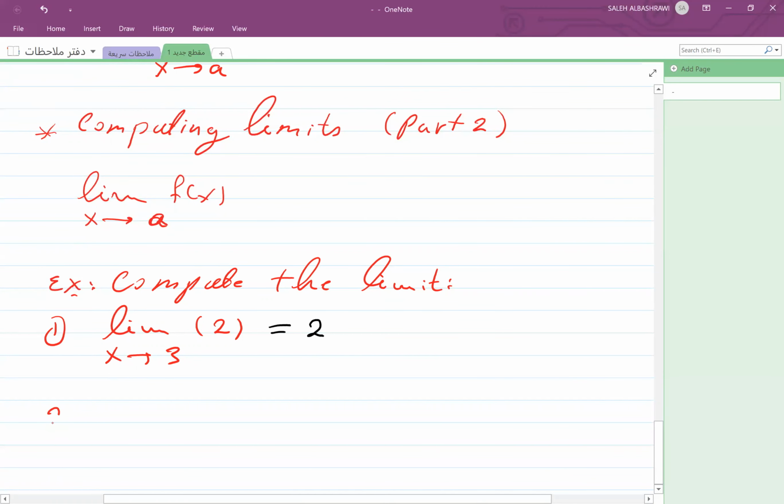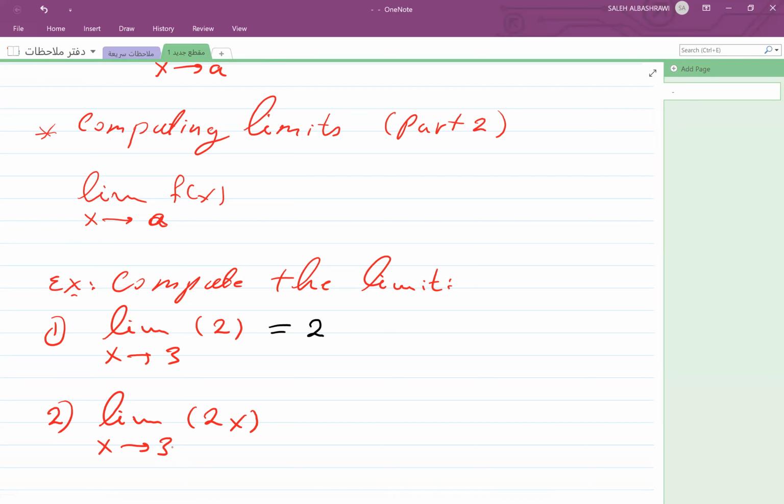Number 2: the limit of 2x as x goes to 3. See this one? Now I have a polynomial. From the last part, we said that if I have a polynomial, the limit of the polynomial is found by direct substitution of the given number. So I replace x by the given number, which is 3.